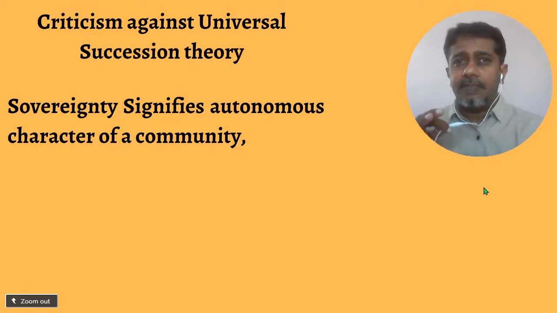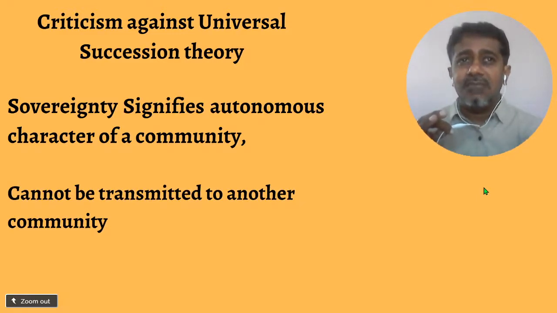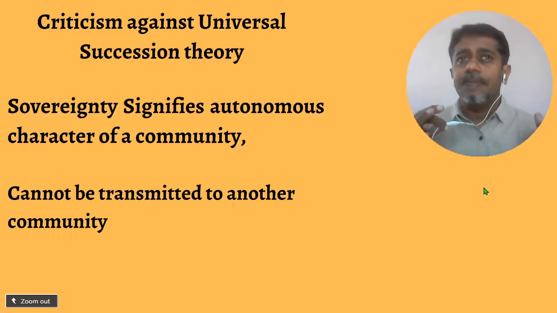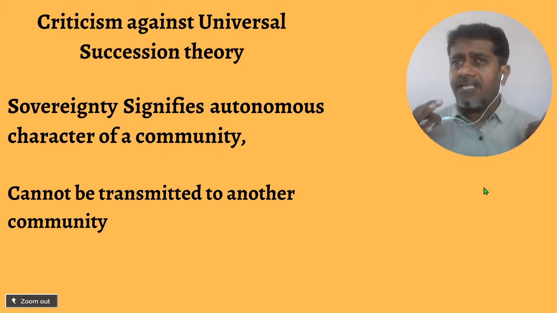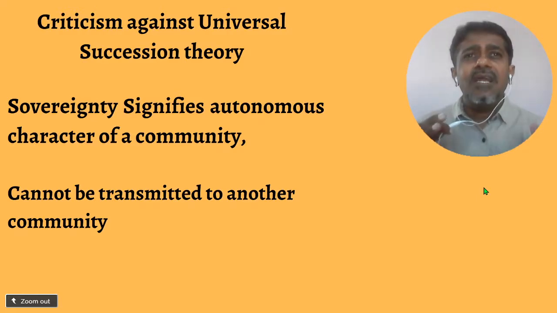And that being the case, the criticism against this theory is that this concept of state succession or universal succession cannot be transmitted to another community. Earlier there was a state, earlier there was a set of community. That community had its own ideologies, its own background, its own plans. But once a new community, once a new autonomous institution or sovereignty has been brought into existence, you cannot control this new entity or new sovereign setup by the old sovereign setup.